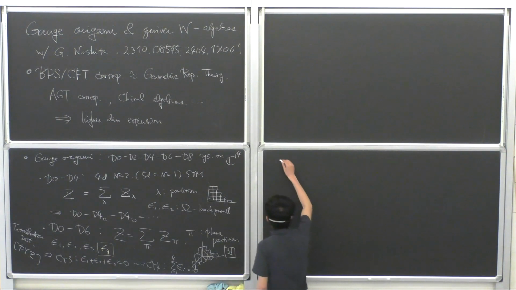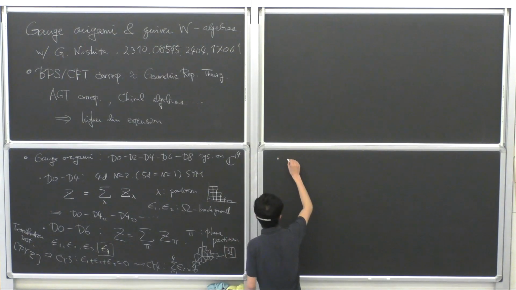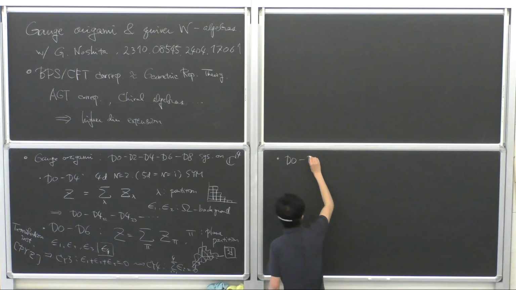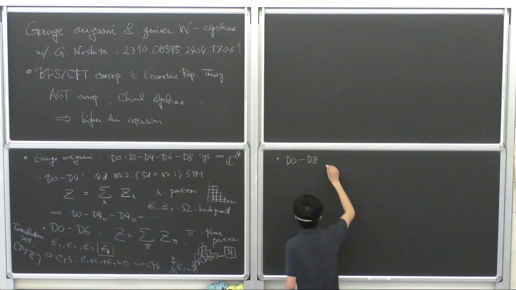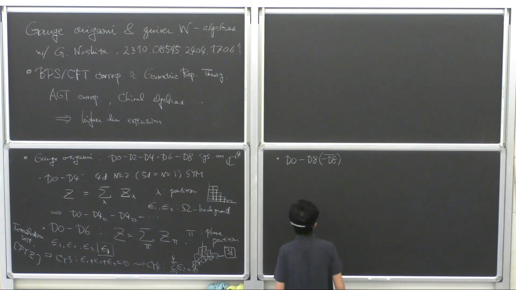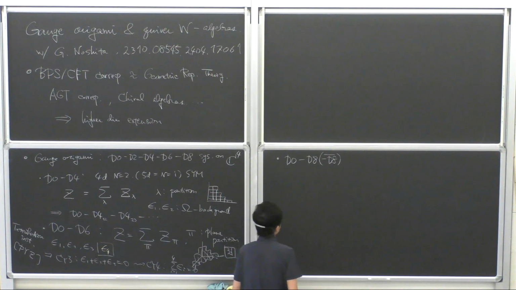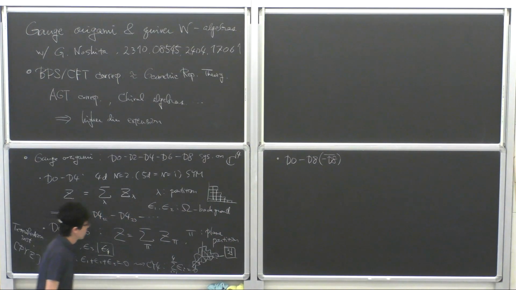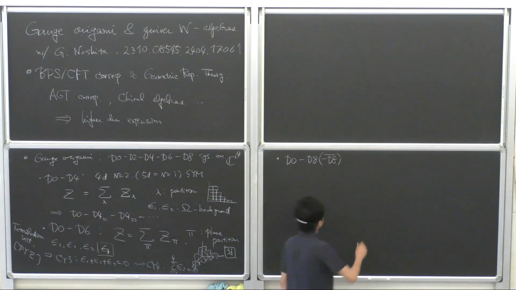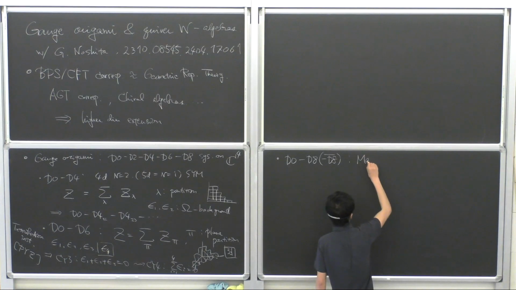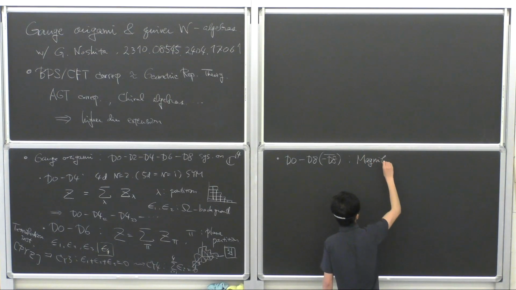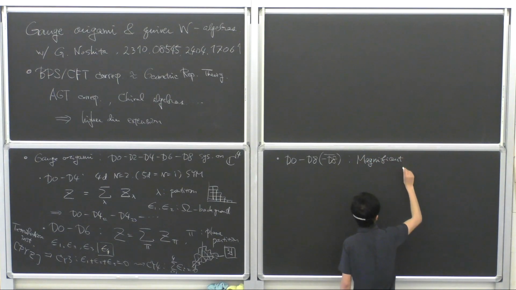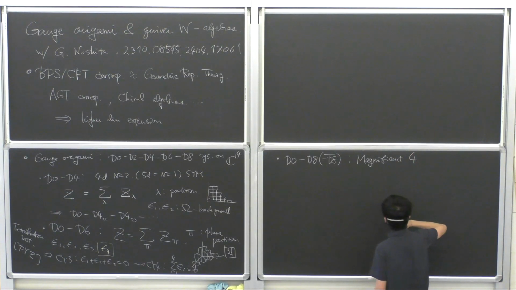Then the next example is D0-D8. From a technical point of view, we should also add a D8 bar. But we can think about this kind of situation, and this configuration is now called the magnificent 4 configuration.